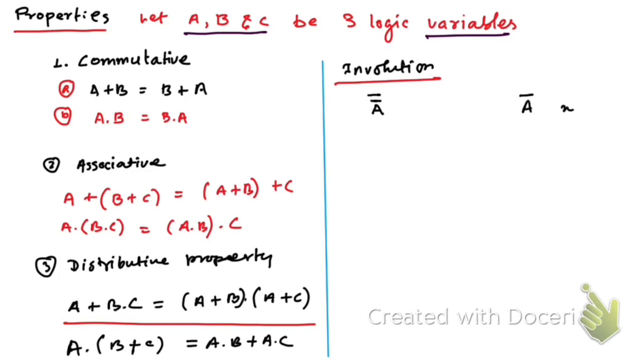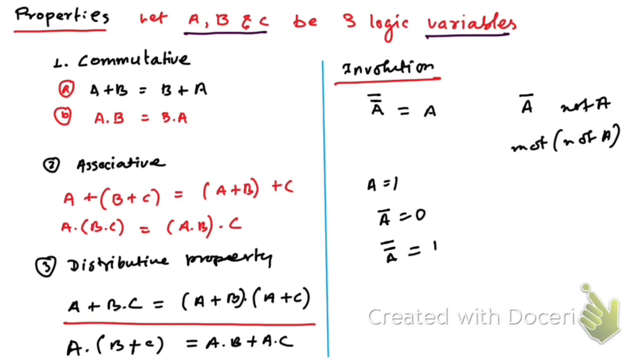A bar represents not A. If you take not of not A, that is A bar, again not of not A, then it's going to be again A, right? Suppose A is equal to 1, then if you take A not, that's going to be 0. Again, if you take not of not A, then it is again 1, right? That's a very simple thing.